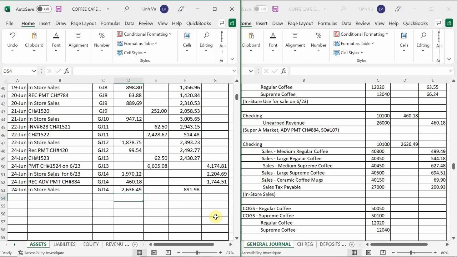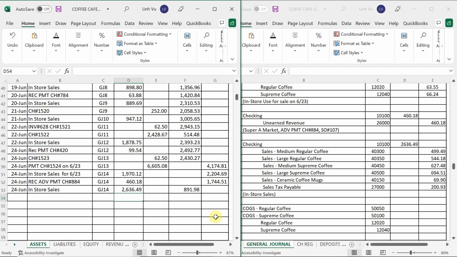Oh, because you were in the negatives? Mm-hmm. Yeah, because we had negative $1,744.51. And because we deposited $2,636, because we no longer have any more discounts, we're back to regular sales.